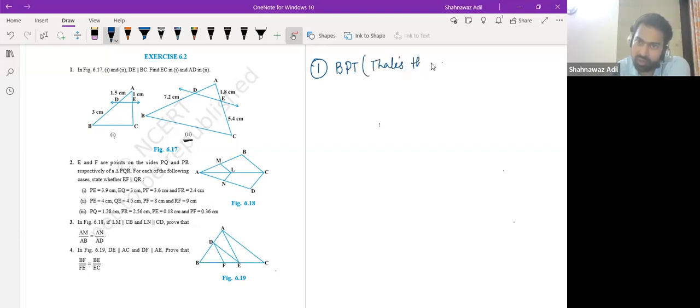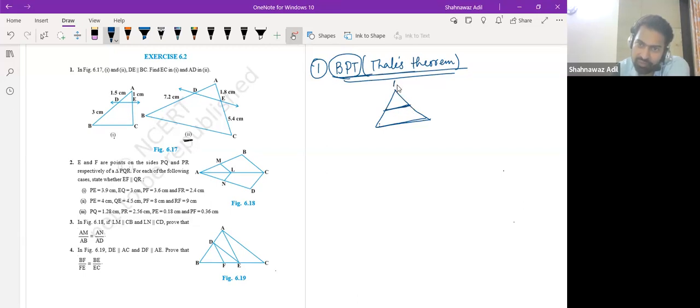This says that whenever we have a line parallel to the third side, always remember that this BPT is for the third side. Whenever all the sides are involved, you go back to the similarity of triangles, not this BPT. This is the crucial thing.